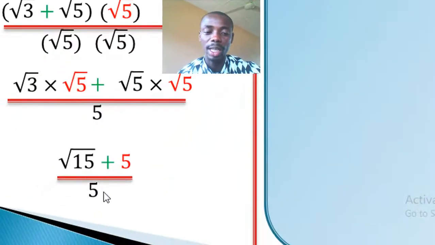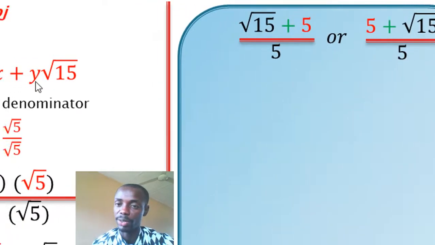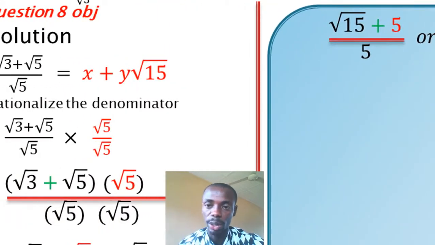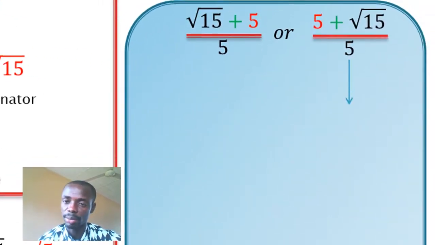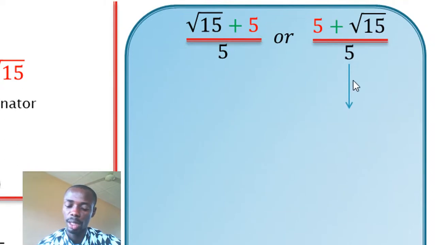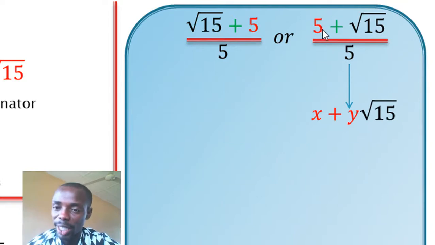Remember, we've gotten our answer for rationalization here, but the next thing is we need to express this answer in form of x plus y root 15. That is why we are doing all this, so we can get the value of y and the value of x. So after that, this expression is going to be linked to x plus y root 15. So how can we express 5 plus root 15 all over 5?